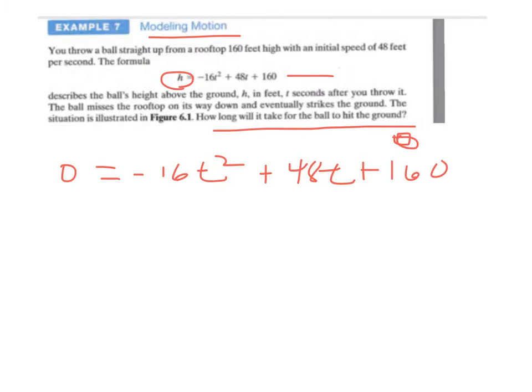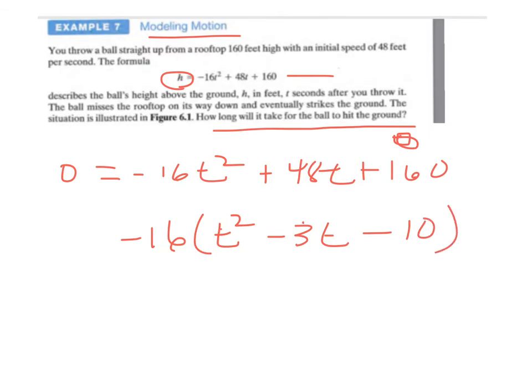Well, the first thing is when I have a negative, I'm going to factor out a negative with the greatest common factor. Well, 16 goes into all of them. So if I take out a negative 16, I'm going to get t squared minus 3t, and then negative 16 into 160 is a negative 10.